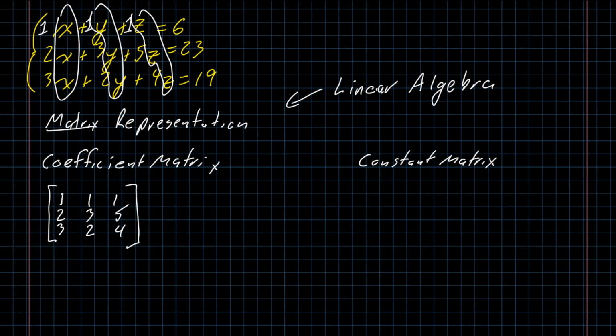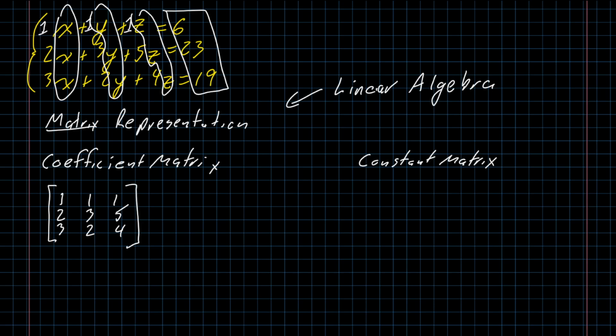We usually put square brackets or sometimes parentheses around a coefficient matrix or around any matrix just to indicate this is a matrix. And then we have the constant matrix. When we have our system of linear equations in the standard form like we do here, the right-hand side of every single equation is going to be a constant.